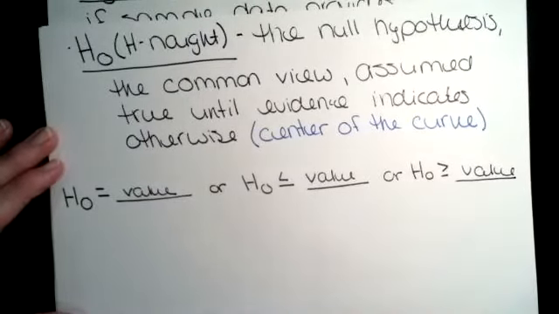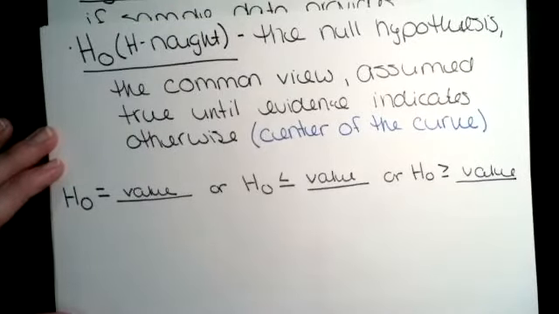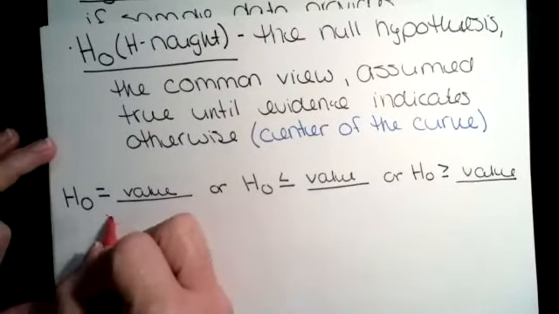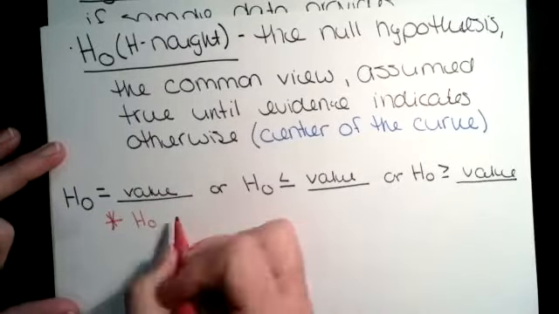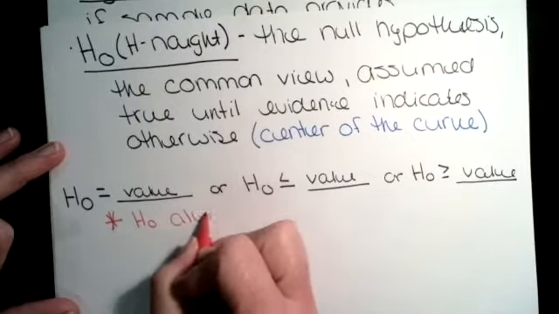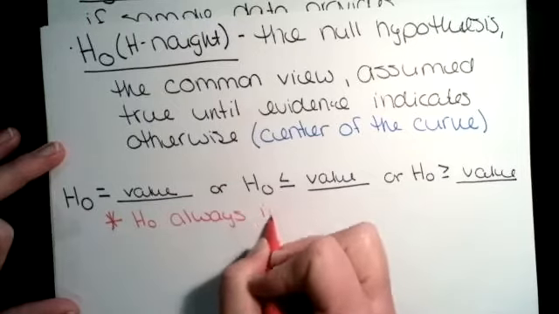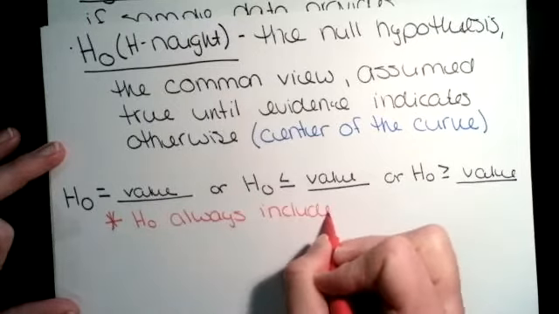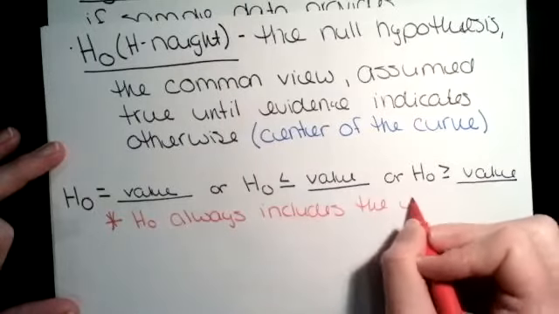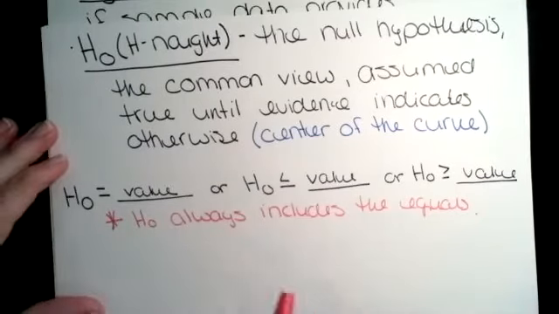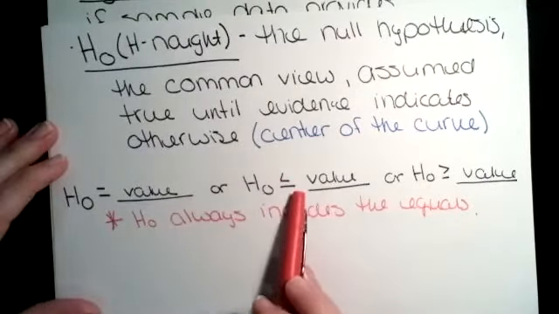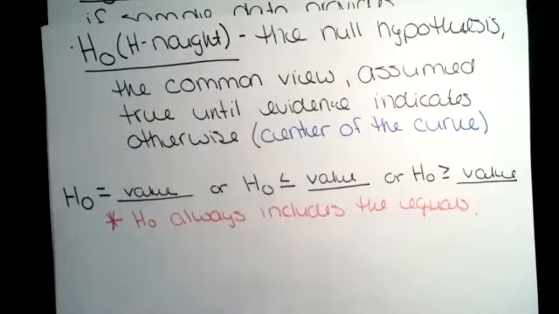So what you need to notice is that all of these include the equals. So the null hypothesis always includes the equals. So even if you're writing it as a less than or greater than, it's less than or equal, greater than or equal. Okay, so it always includes that when we're looking at the null hypothesis.